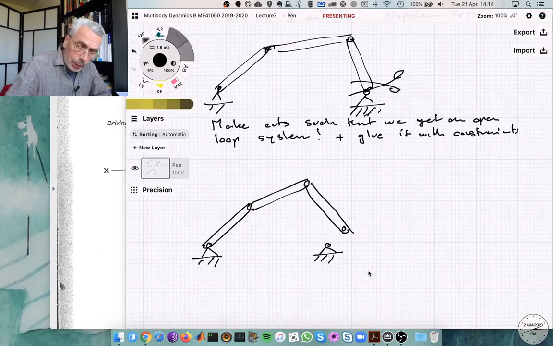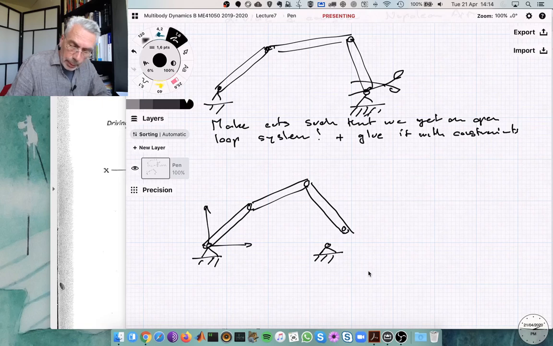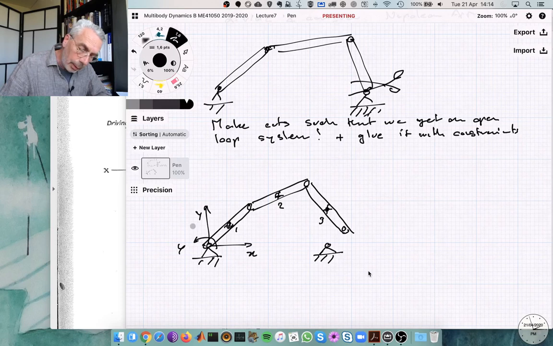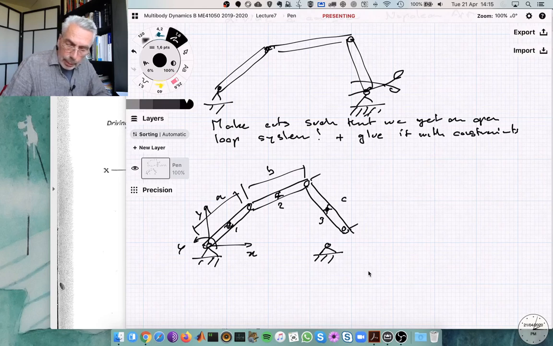Put the coordinate system in, coordinate system X and Y. Show what the orientation is, and this was body 1, this was body 2, and this was body 3. The lengths were A, B, and C, and this distance was D, right?